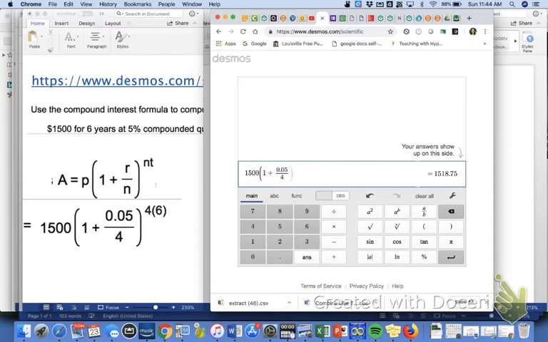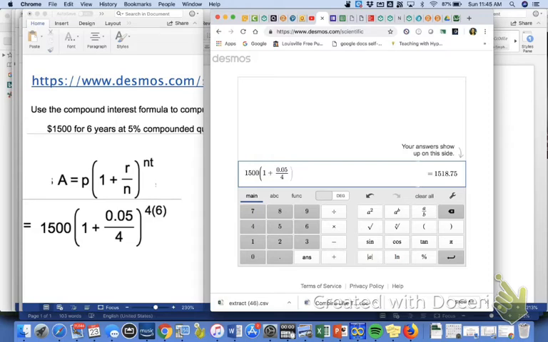Now here's where you need to be careful also, because notice where my cursor is blinking and that it's blinking in the bottom or the denominator of my fraction by the 4. So if I click close parentheses, the parentheses ends up down there in the fraction, which is not where I want it to be. So I'm going to hit this backspace button right up here. And I'm actually going to click on, I clicked right here.